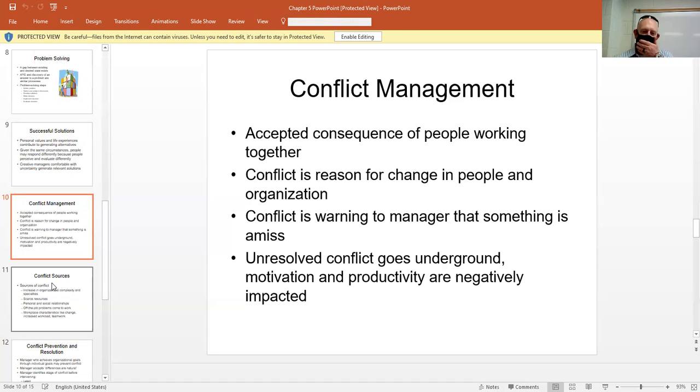You do your best to resolve it. If you have people that have a conflict and don't work well together, that's where scheduling and planning as a manager come in. You may need to be honest with them and say, look, you two aren't getting along. I'm going to start scheduling y'all separately.